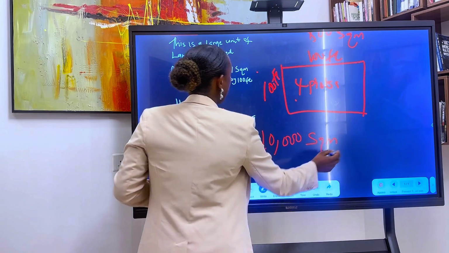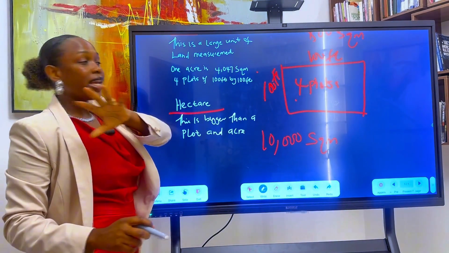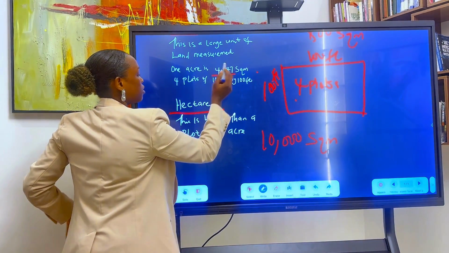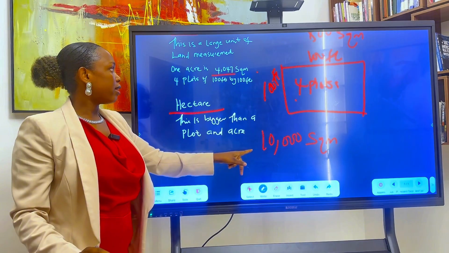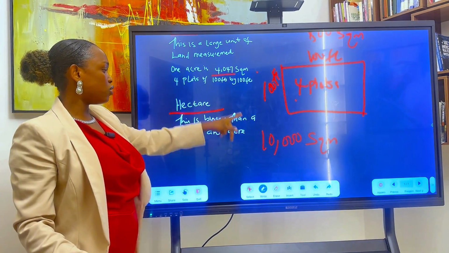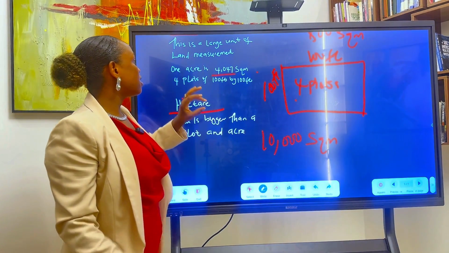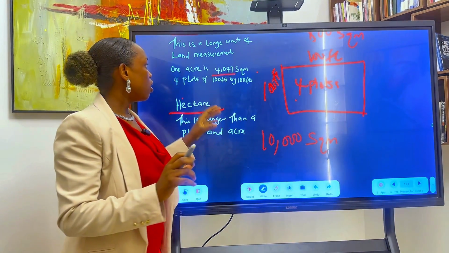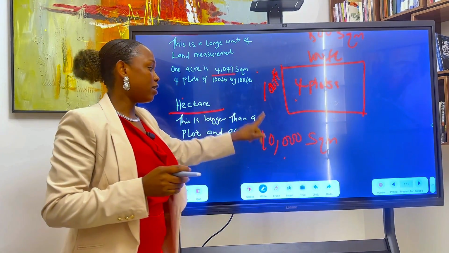And you remember the first time I said an acre is 4,000, and this is 10,000. So how many of these do you need to get 10,000? So 2 complete acres plus half an acre give you this if you calculate the math.